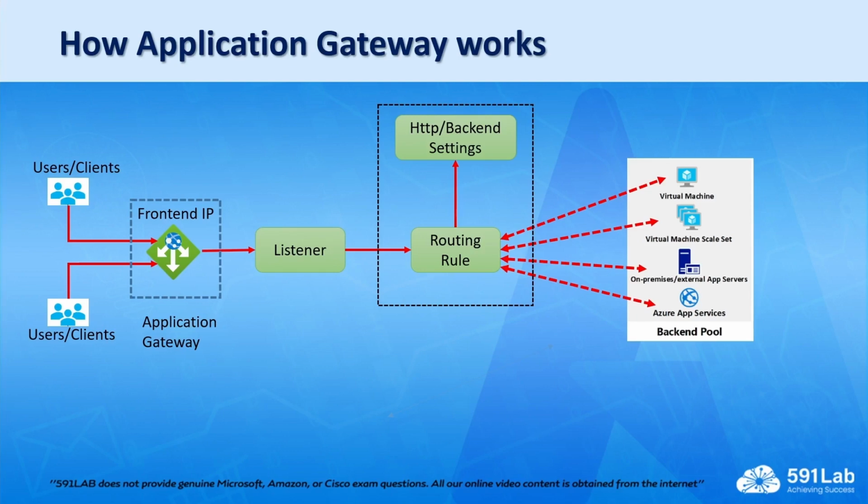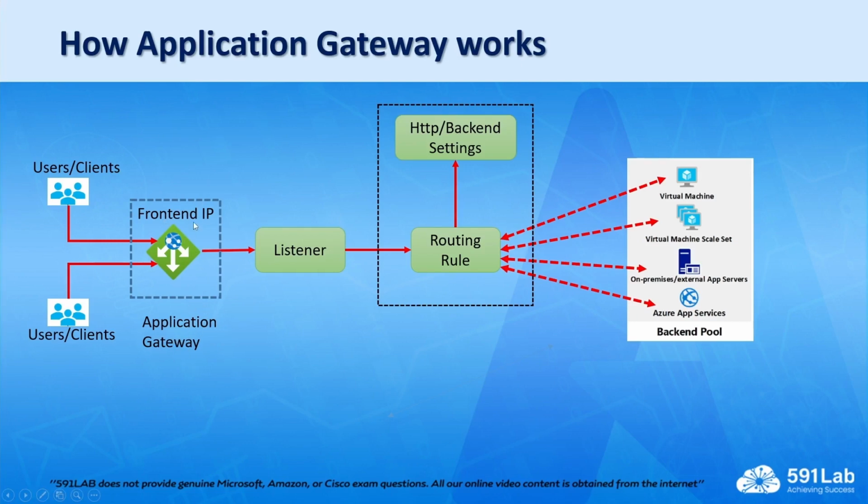In step 1, a user on his laptop opens the URL of the application, for example, www.contoso.com. Now in step 2, the request reaches the front-end IP of the Application Gateway. Front-end IP could be private, public, or both. It is a component inside the Application Gateway.